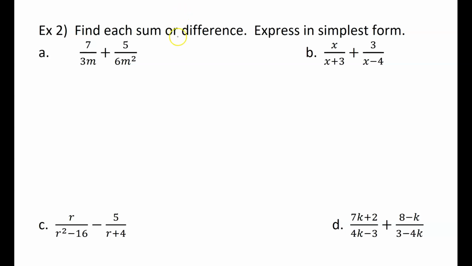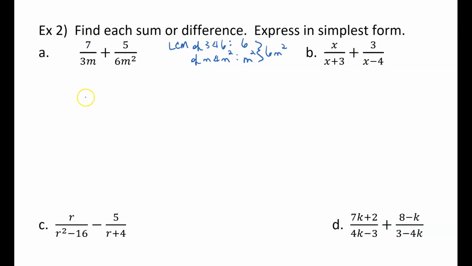If I look first at 3 and 6, what is the least common multiple of 3 and 6? 6 will be the least common. And if I look at the least common multiple of m and m squared, that's going to be m squared. So that means the least common multiple of the whole thing is 6m squared.